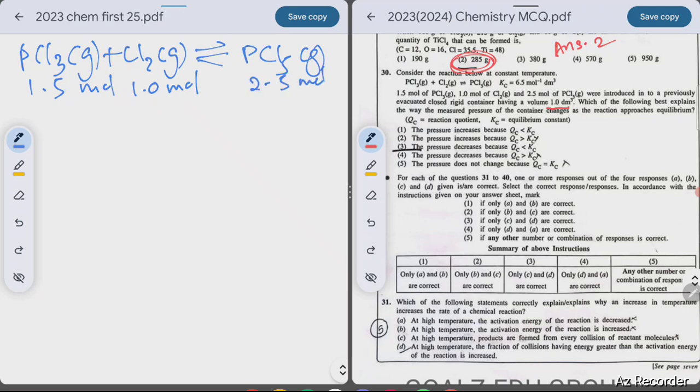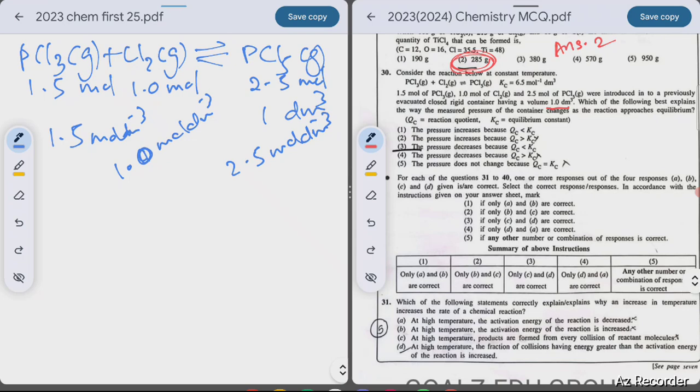All of these are in 1 dm cube volume. Therefore, their concentrations are 1.5 moles per dm cube, 1.0 mole per dm cube, and 2.5 moles per dm cube. Now, they are asking for a relationship between Qc and Kc.